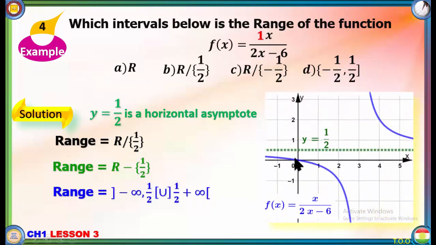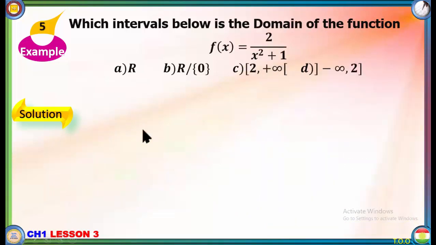As you can see here, y equal 1 over 2 is a horizontal asymptote. Here we have an even function and the numerator is a constant. To find the domain, make the denominator equal to 0.